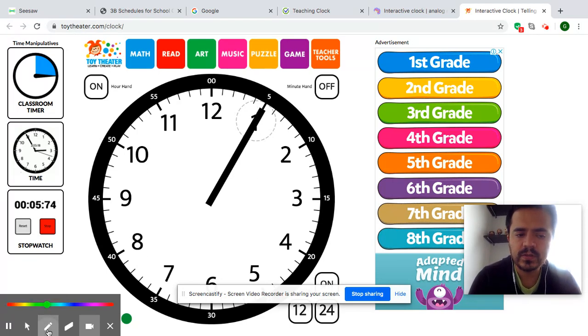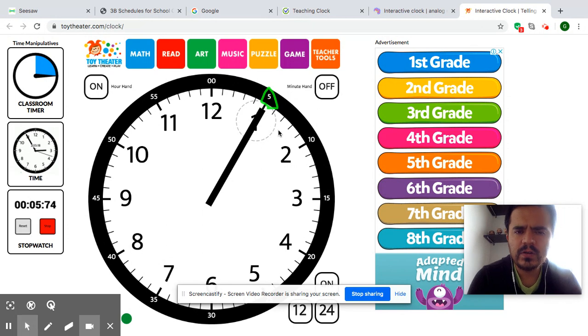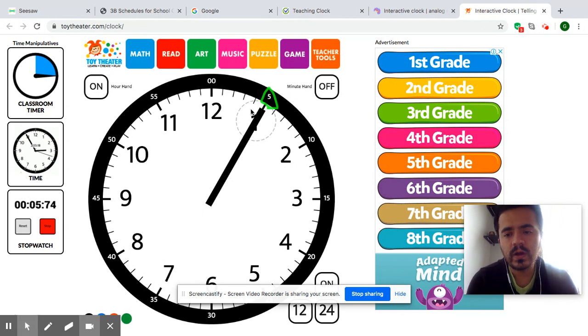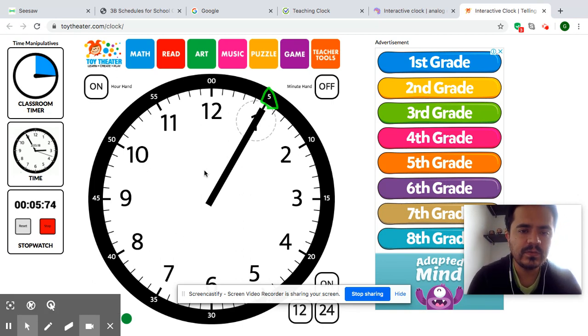You see? Same place. I already know that all spaces are the same, so I don't have to go 1, 2, 3, 4, 5 all the way around my entire circle. I can count in fives, right? And actually, the numbers are just right there.